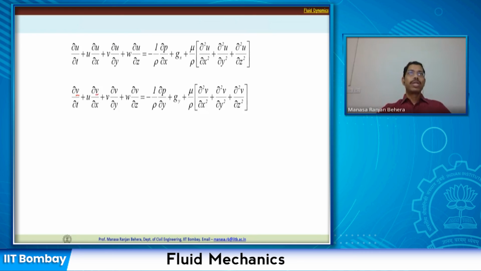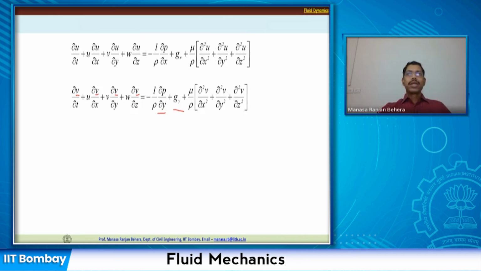So ∂v/∂t plus u ∂v/∂x plus v ∂v/∂y plus w ∂v/∂z equals minus 1/ρ ∂p/∂y, the pressure gradient in the y direction, and the body force in the y direction.